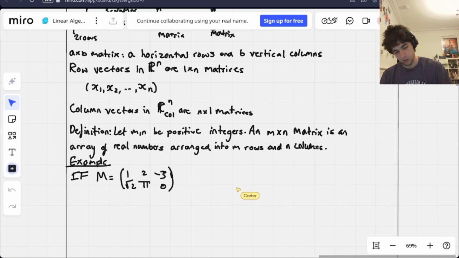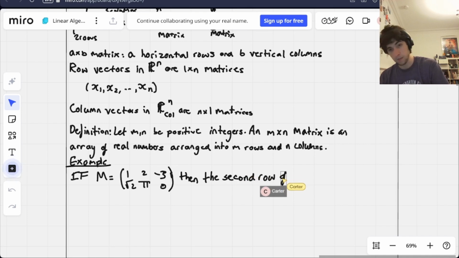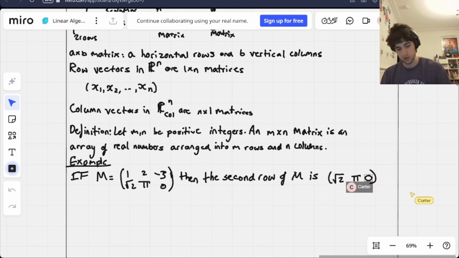If that's true, then the second row of M is going to be the square root of 2, pi, 0. So it's just going to be that 1 by 3 row vector with the elements root 2, pi, and 0 inside it. That makes sense because we're literally looking at a row, so that should just give us a row vector, right? So literally isolating that row.